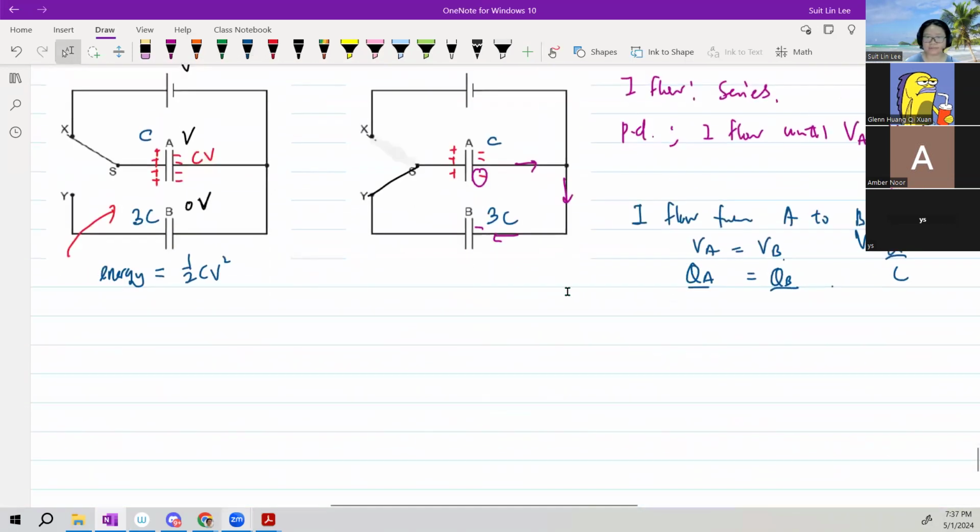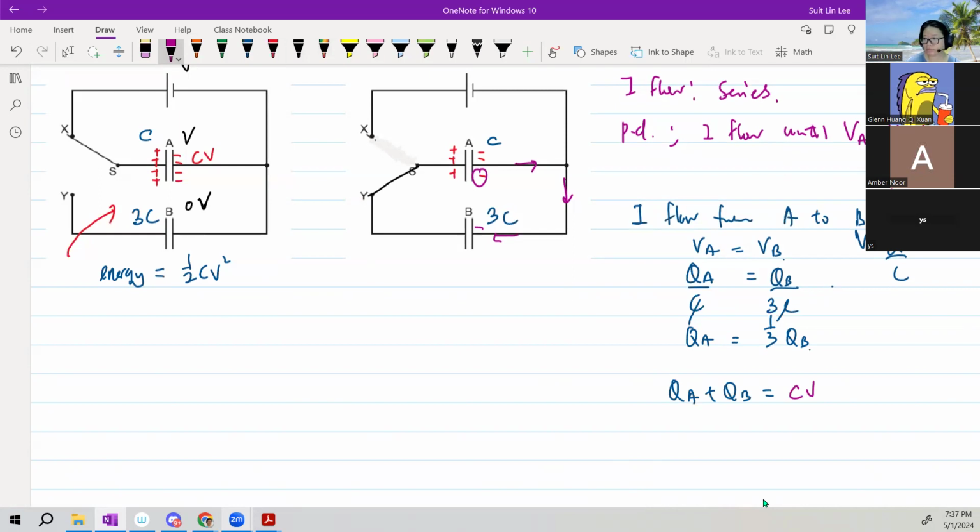It's basically what I did. C, 3C, and cut. So QA is 1/3 of QB. But QA plus QB is the original charge, which is CV. Let's continue doing maths though.